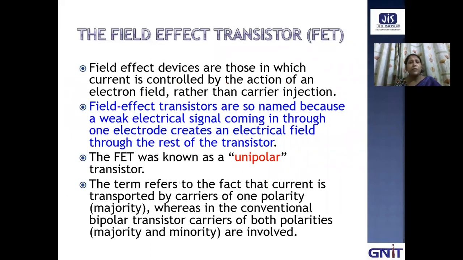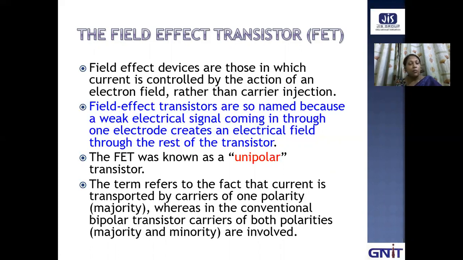So, field effect devices are those in which current is controlled by the action of an electric field rather than carrier injection. Field effect transistors get the name because a weak electrical signal coming in through one electrode creates an electrical field through the rest of the transistor.